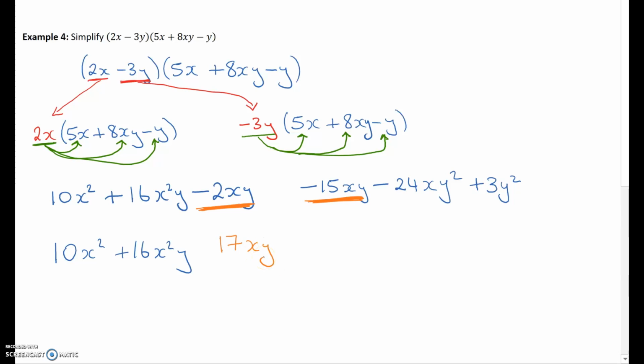And remember, since we're adding, we don't change the powers on the letters. Okay, we're not changing powers here, we're just adding, which means the variables stay the same, but we keep the sign. Okay, they had the same sign, so we keep that sign. So it's negative 17xy. And then to finish off, we've got negative 24xy squared plus 3y squared.